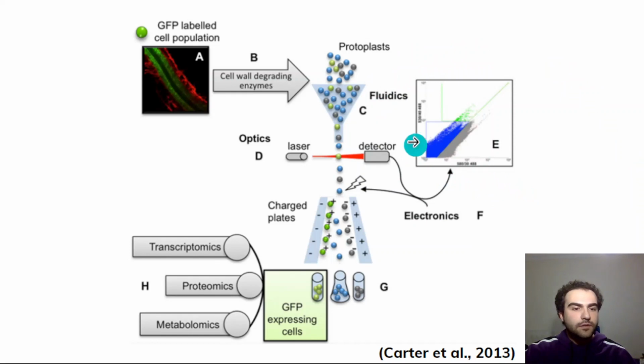It simply shows, let me show you, the fluid cells coming from here, and we are using one or a couple of lasers, and the detector detects the light coming, and it shows the separation of the different cell types on a plot, and we can observe the results from there.